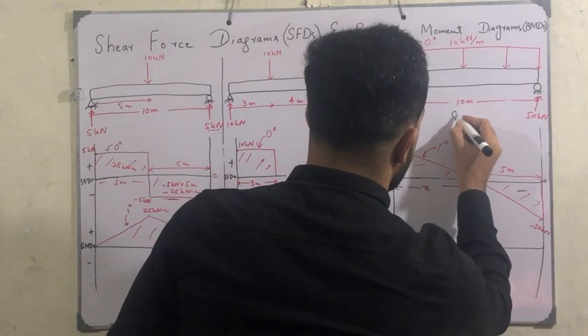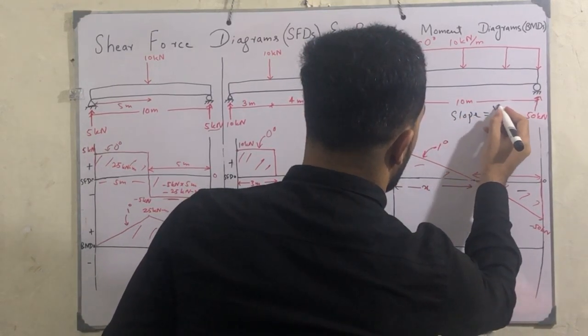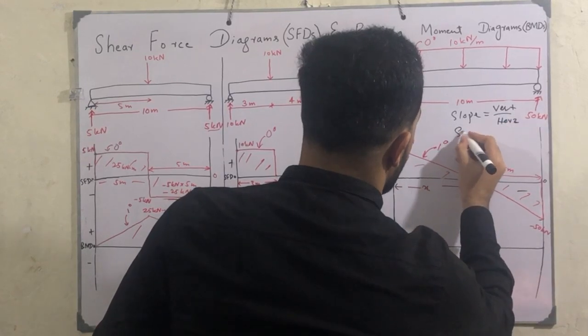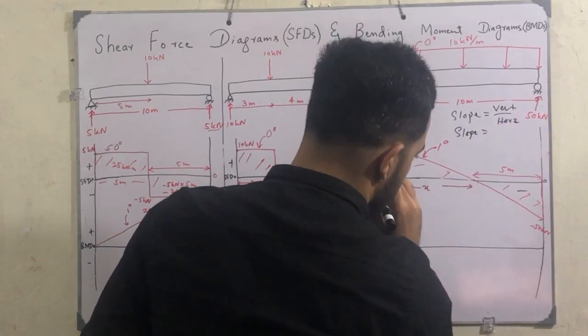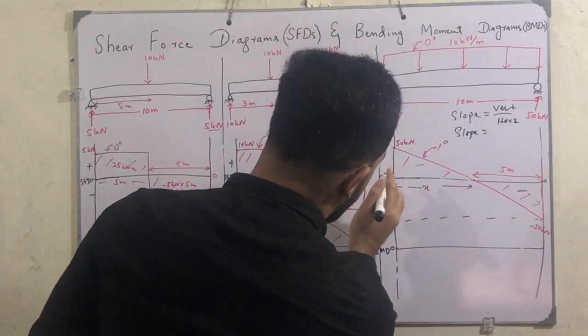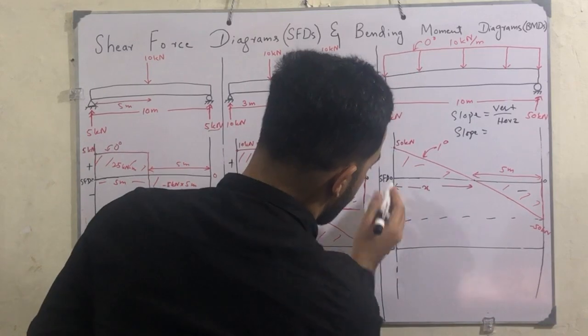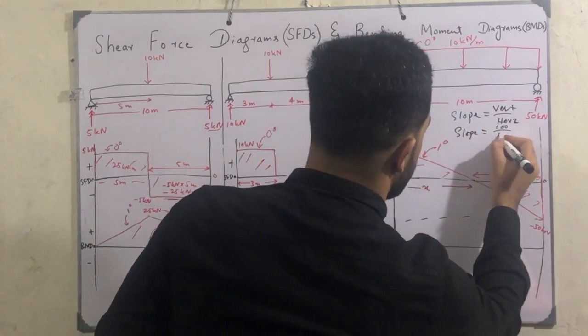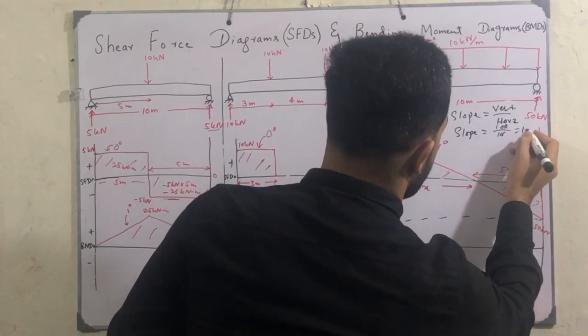The slope of this line is equal to vertical divided by horizontal. As you can see, this vertical direction is 50 from here and 50 from here, so it's 100, and the horizontal direction is 10 meter. So the slope is equal to 10.